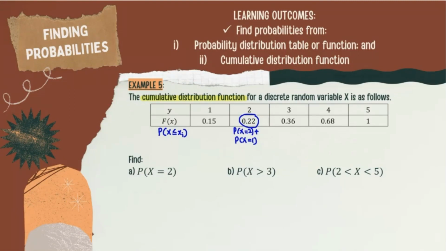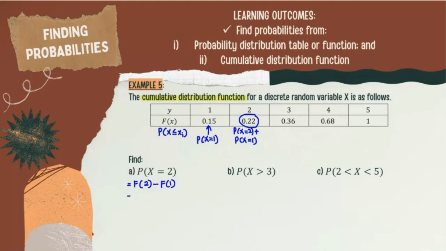So sekarang ni bila dalam ini ada value of probability 2 dan juga 1. So macam mana saya nak eliminate 1 ni? Saya nak eliminate 1 ni dengan cara this one. Ini adalah probability of x equals to 1. So what I am going to do, it will be f of 2 minus f of 1.